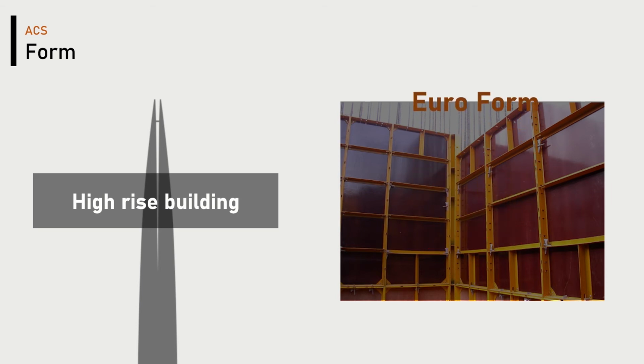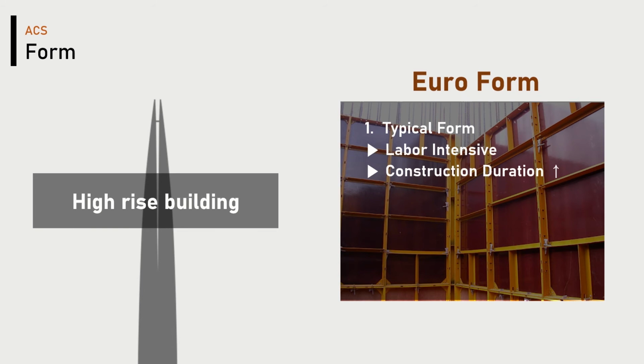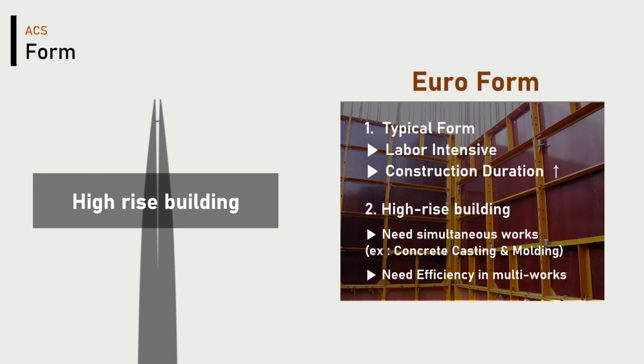This is because the process of installing and dismantling common forms, such as Euroform, is too labor-intensive for a high-rise building. In addition, in the case of a skyscraper, concrete construction will be carried out to meet the construction period. Lower-rise framework will be carried out at the same time.